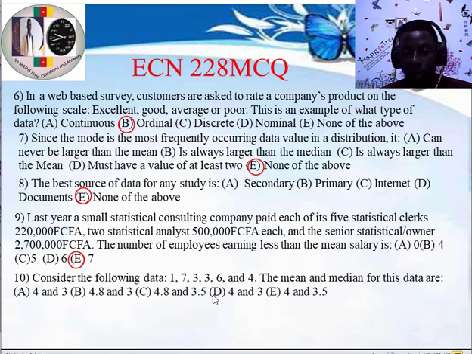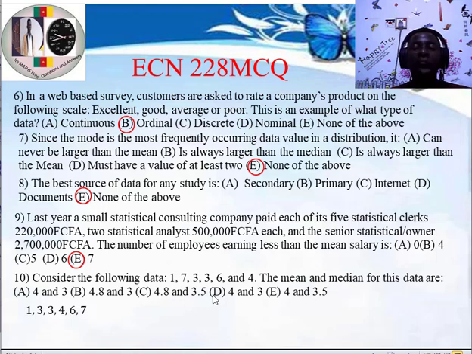Okay, so the mean and the median for this data. For us to get the median of this data, we need to arrange the data first in ascending or descending order. In this case, we'll first arrange the data in ascending order. So we are going to have the data to be 1, 3, 3, 4, 6, 7. Now, what is the mean?